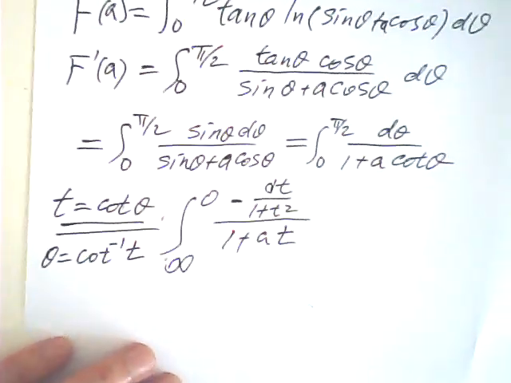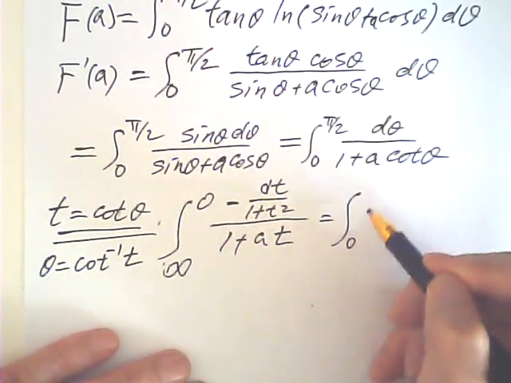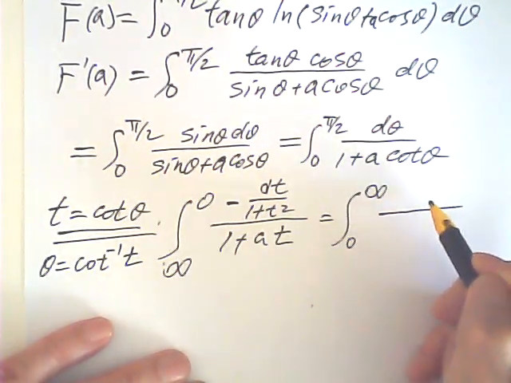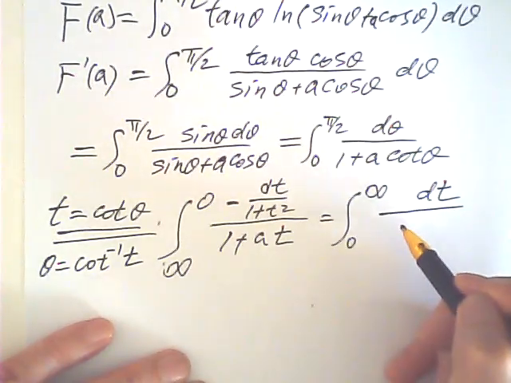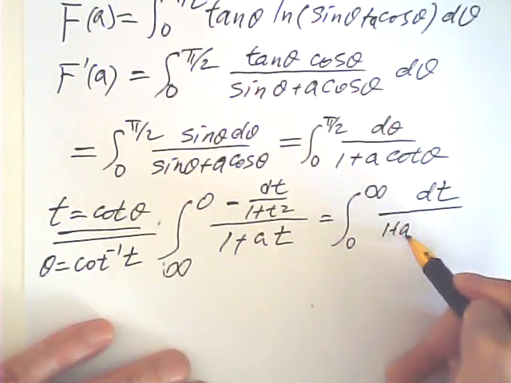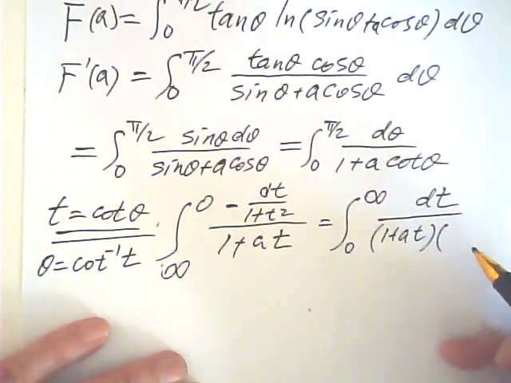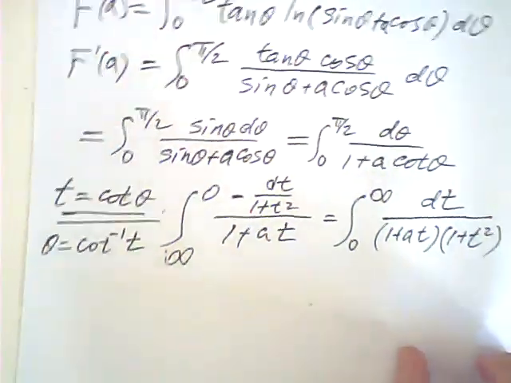Now I use this negative to switch the order, so it becomes 0 to infinity, dt over 1 plus a t times 1 plus t squared. Very good.